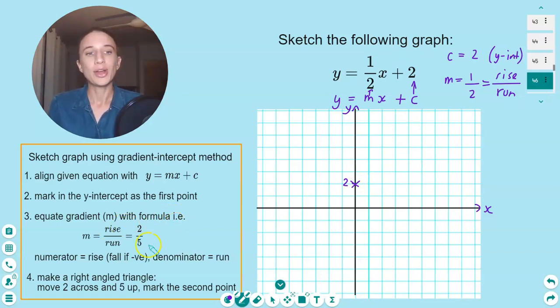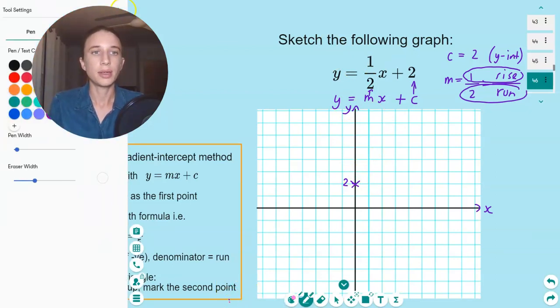Now we equate the numerators of this gradient equation. So I now know that the rise is 1 and the run is 2. I'm going to use this to find my second point. I'm going to start at this intercept point, and I'm going to rise 1 unit. Let's do it in pink.